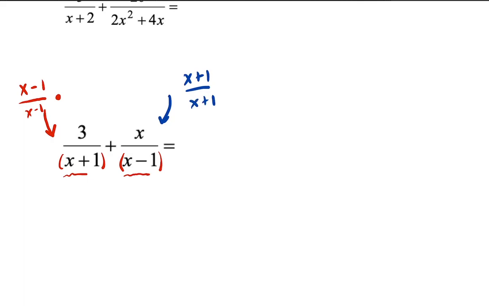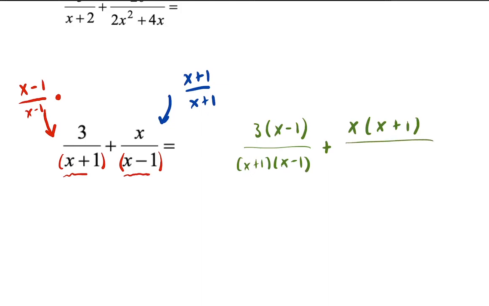And so when we do that, what we're going to have here, when we do this out, we're going to have 3 times x minus 1 over x plus 1 times x minus 1, plus x times x plus 1 over x plus 1 times x minus 1.